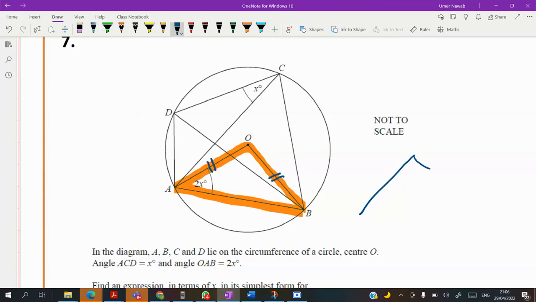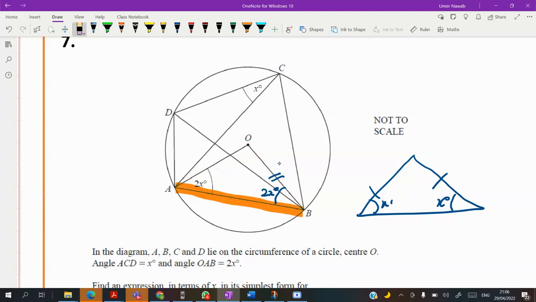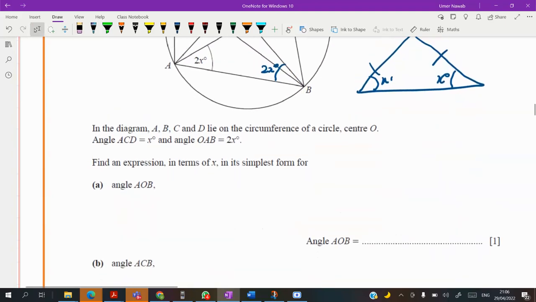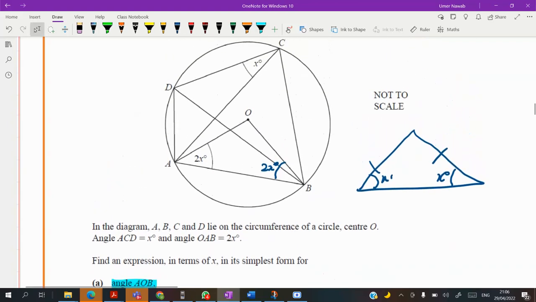And there is a very famous property of isosceles triangles: if two sides are the same, their opposite angles are also the same. So this angle should be 2x. Let me erase everything. Okay. Now see the question. The very first question, we want to find AOB. Oh wow. AOB. This angle we want to find.